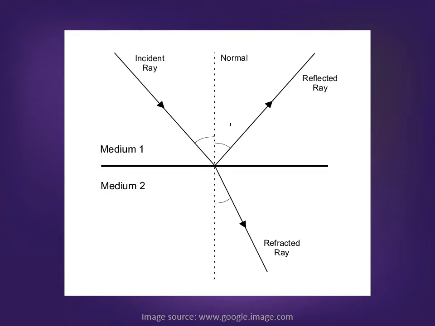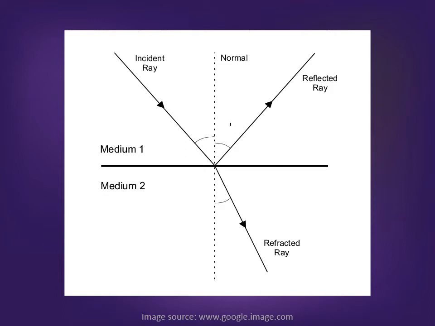You can see here, whenever some incident light falls on the interface of two mediums or two layers, then depending on the angle of incidence, some amount of ray or wave is reflected back towards the source region, along with some amount of ray that is transmitted to the next medium.